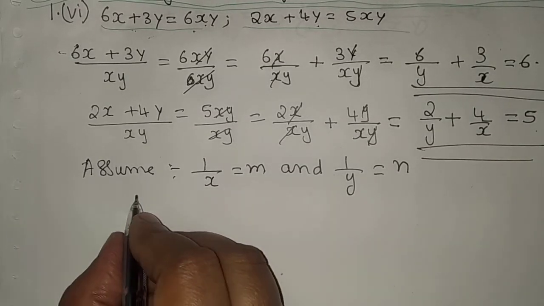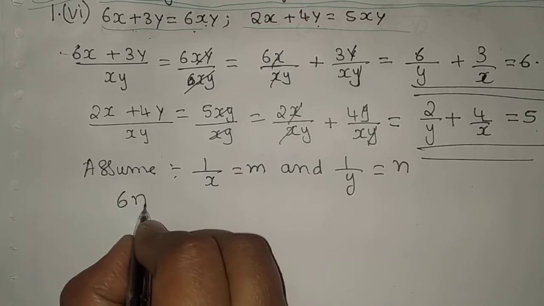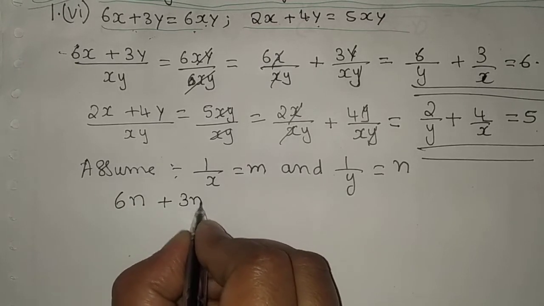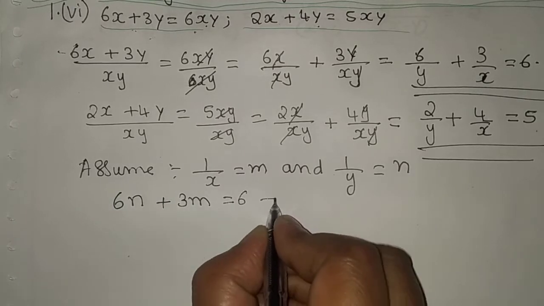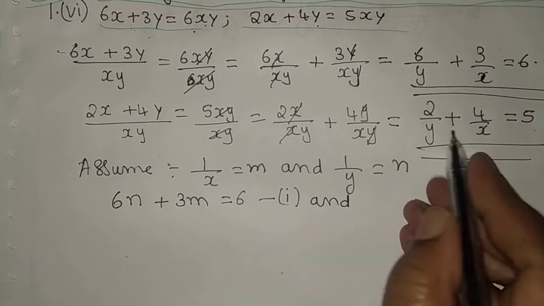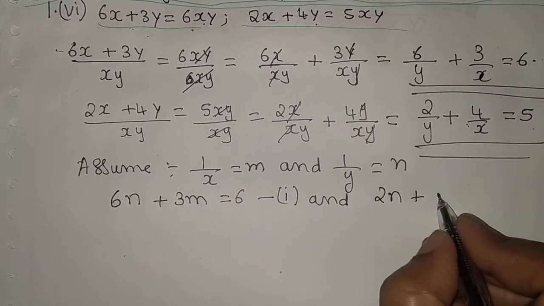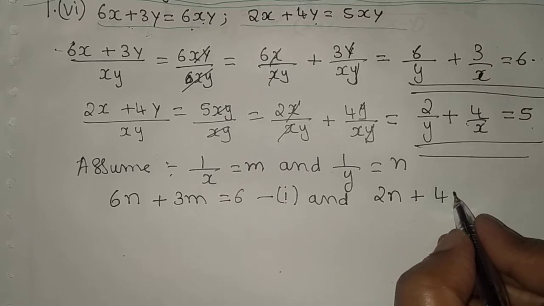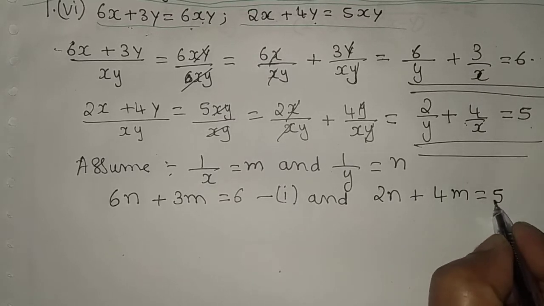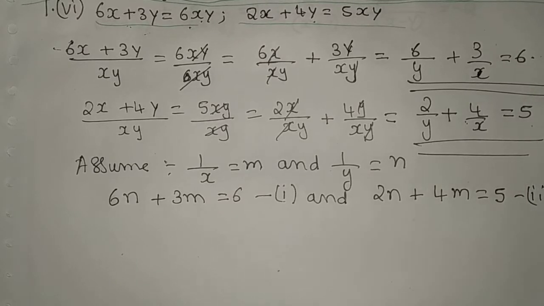So therefore we'll substitute in the first equation: 6n plus 3m is equal to 6. This will be the first equation, and the next one is 2n plus 4m is equal to 5. This will be the second equation.